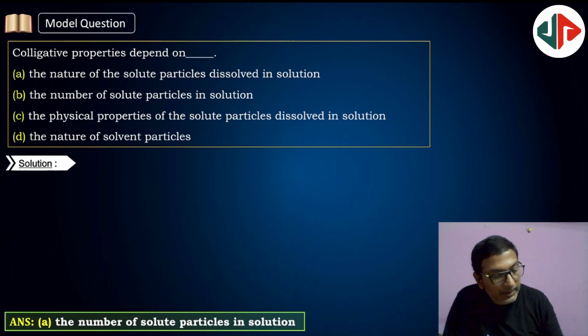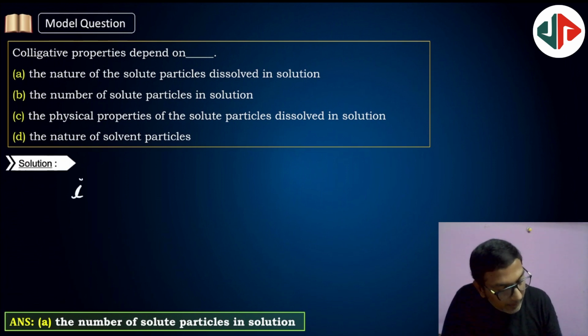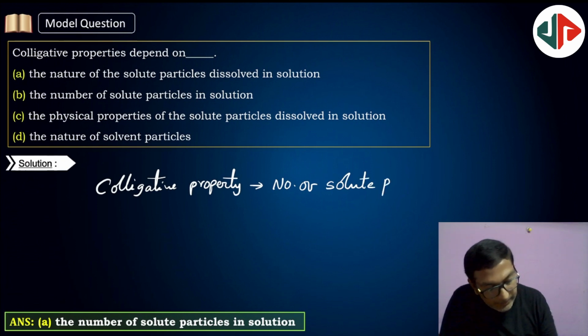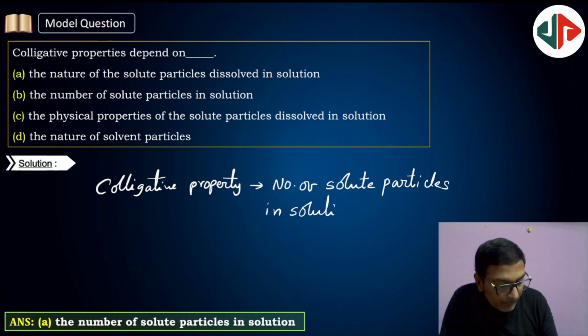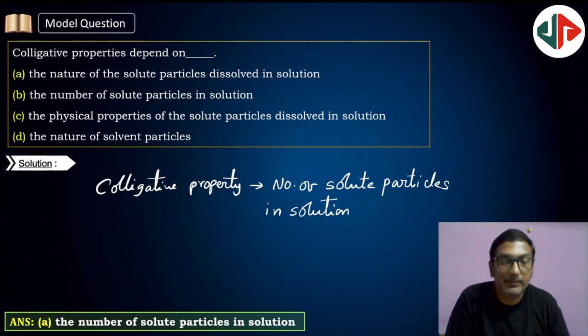So colligative properties will depend on number of solute particles in solution. So Van 't Hoff factor. Any colligative property depends on number of solute particles in solution.